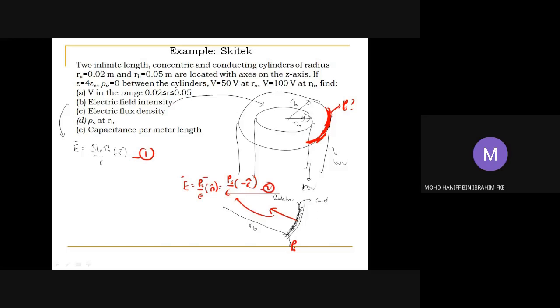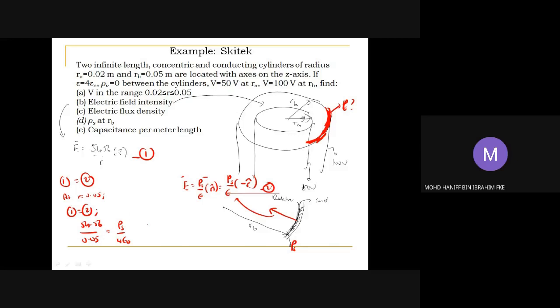Equations 1 and 2 can be the same, but since we are evaluating at the radius of RB, for equation 1 we substitute r equals 0.05. At r equal to 0.05, equation 1 equals equation 2. So we have 54.56 over 0.05 in meters equals rho s over epsilon, which is 4 epsilon naught.